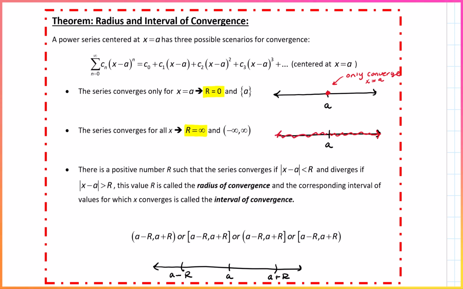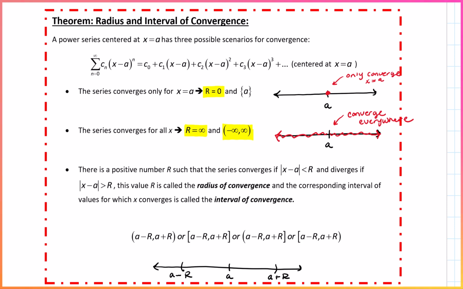And if we can go infinitely to the left or to the right, what that means is that we converge everywhere. And if we converge everywhere, what we say is that the interval on which we are converging is from negative infinity to infinity. So that's the corresponding interval for the values of x which converge.